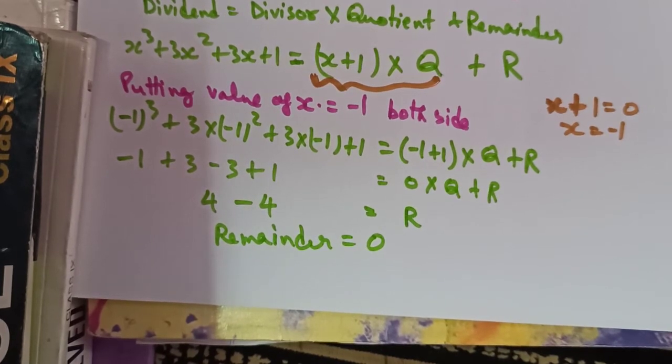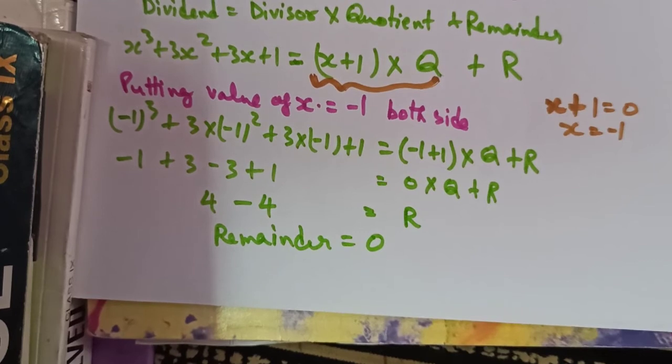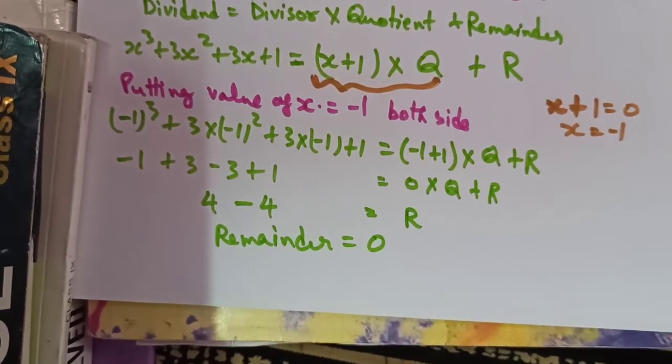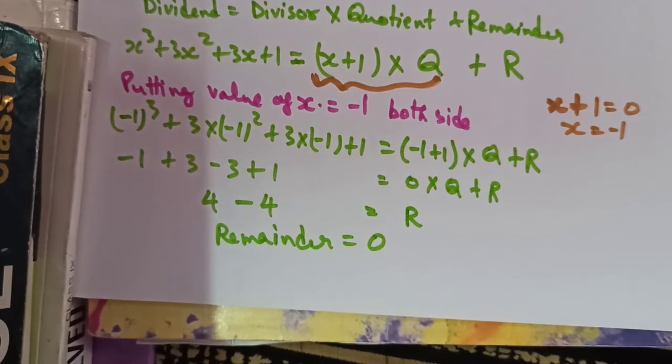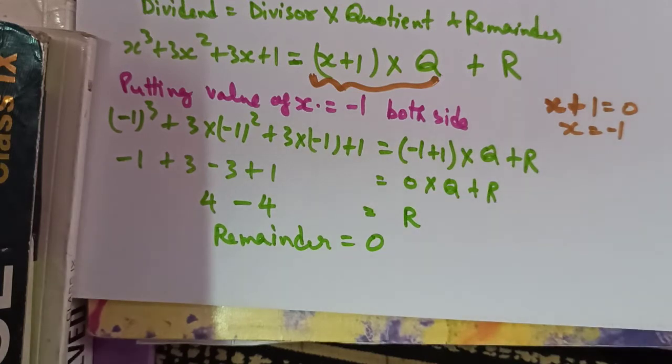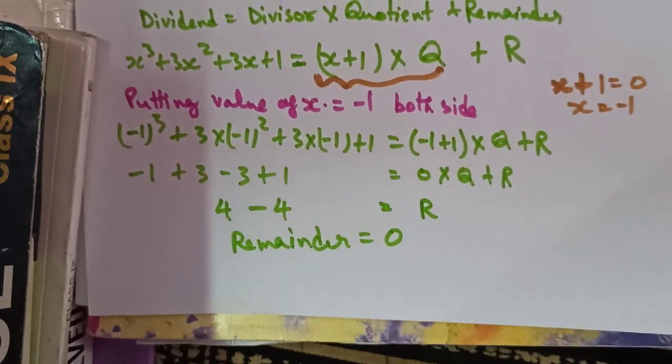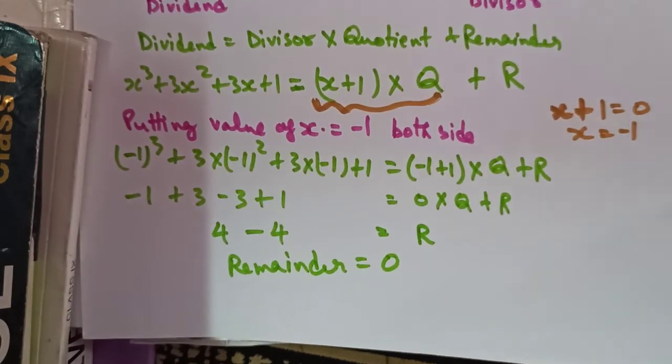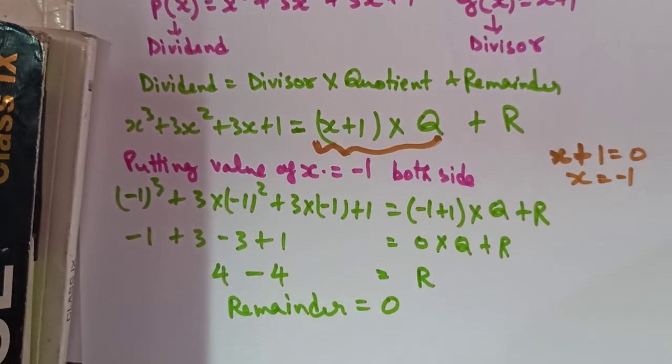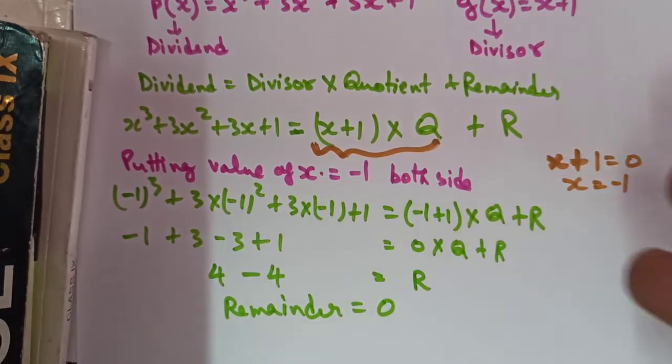And I will suggest you do all the questions by the remainder theorem if there is no problem in that, because the examiner or the checker will also want you to do it by that method only. But these two methods I have also explained to you, because if you are not able to do it by the remainder theorem, or you have forgotten the remainder theorem, you can apply these two methods also.